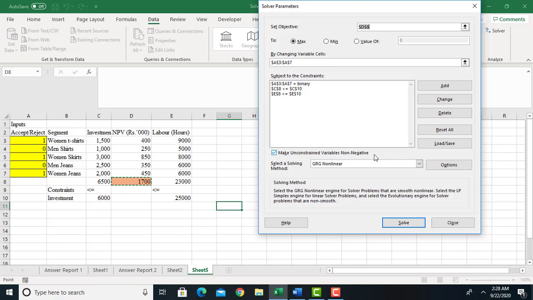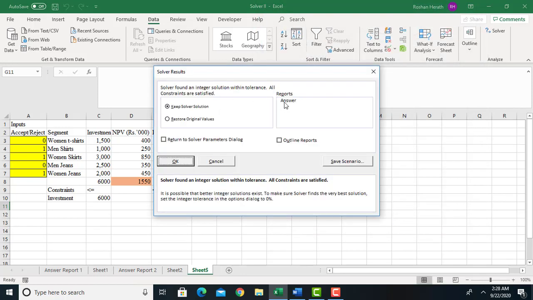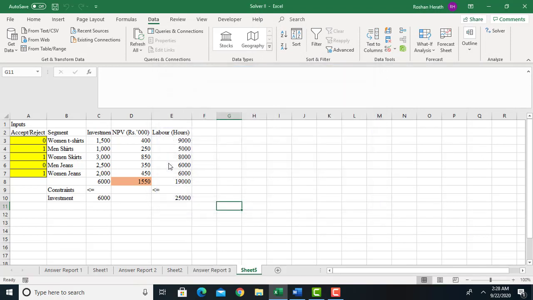Make unconstrained variables non-negative, so the changing variables do not go negative. The relationship is a simple linear relationship. Solve it and say OK.